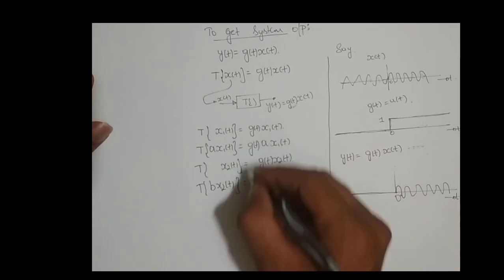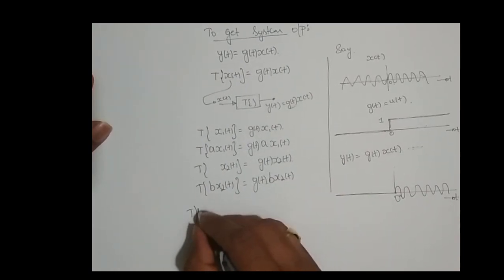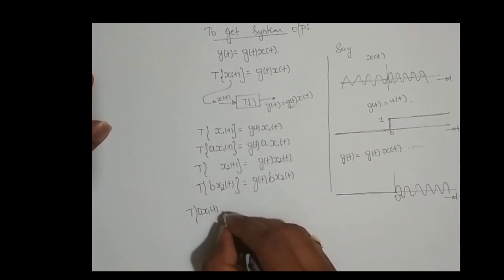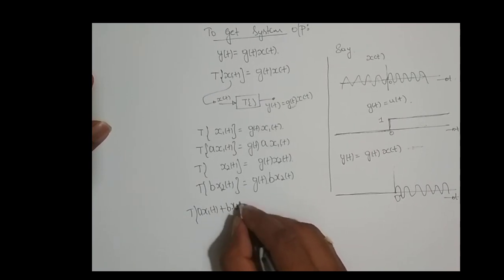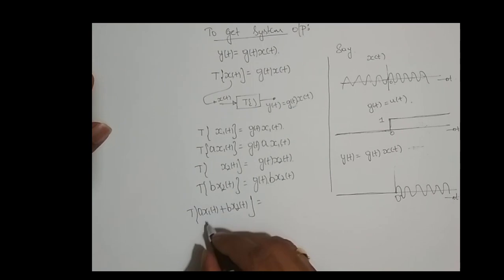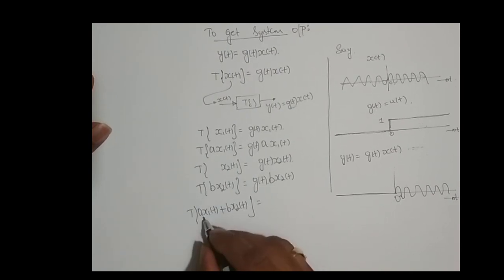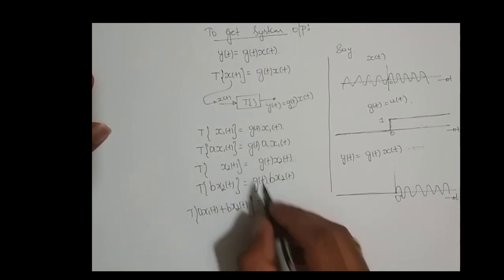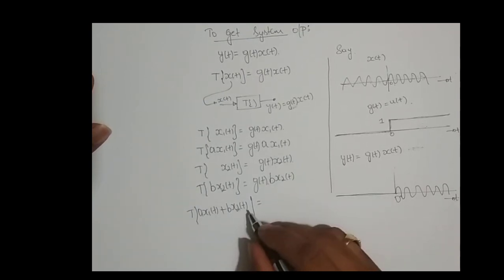Now I'll combine these two. Transformation of a times x1 of t plus b times x2 of t. As a whole, this is one signal. So this is the signal I am feeding to the system. So what is the output from the system?